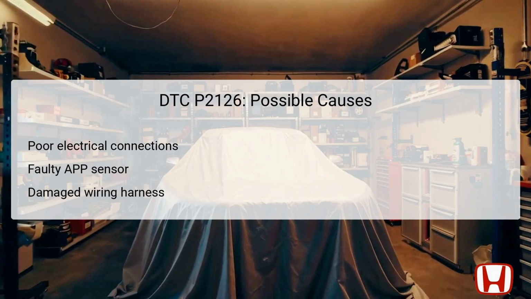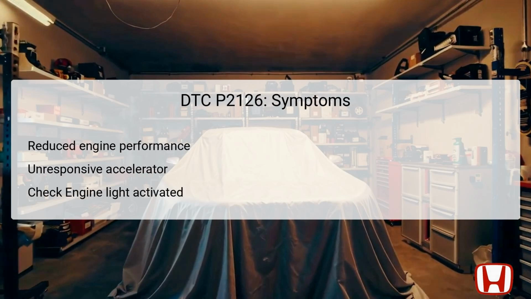vehicle's throttle control system. When DTC P2126 is present, various symptoms may manifest, affecting the vehicle's drivability. Users may experience reduced engine performance due to limited throttle response, leading to a less responsive acceleration when pressing the pedal. This can be particularly dangerous in situations requiring prompt acceleration.